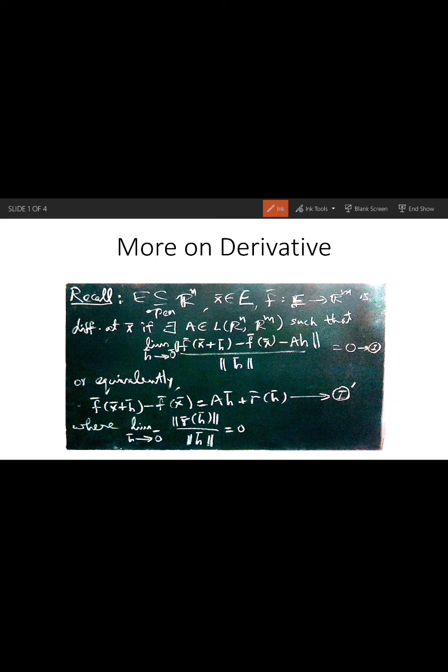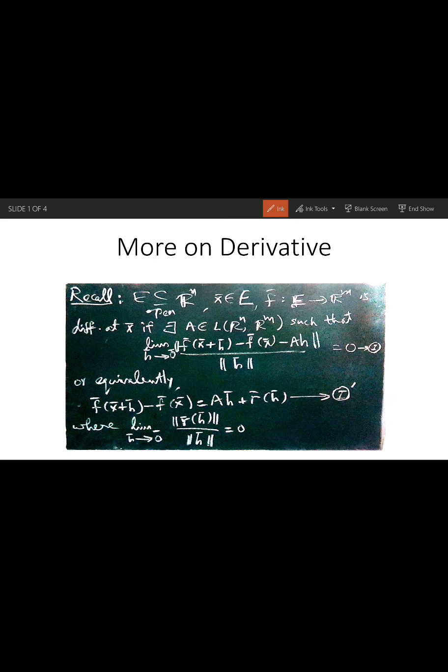Call it A, such that limit vector h tends to vector 0, norm of f of x plus h minus f of x minus Ah, divided by norm of h, equals 0. When E is open and x is in E, x plus h also will belong to E for norm h small enough. So f of x plus h is defined and it's a vector in Rm.